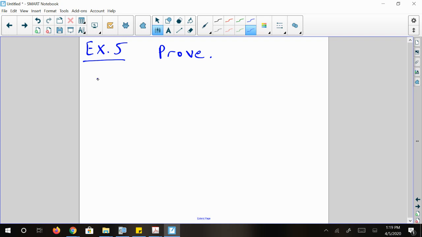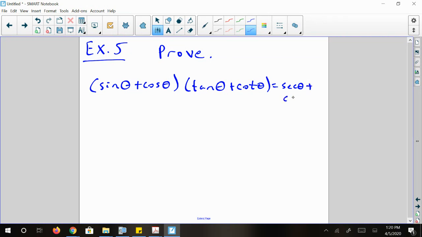So for this one, we're going to try sine of theta plus cosine of theta times tangent of theta plus cotangent of theta equals secant of theta plus cosecant of theta. I'm running out of space there, so I'll go down to the next line.